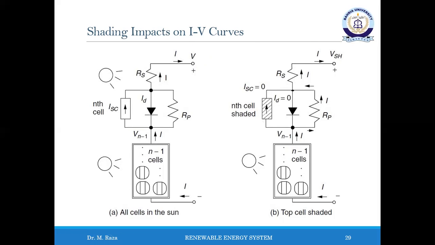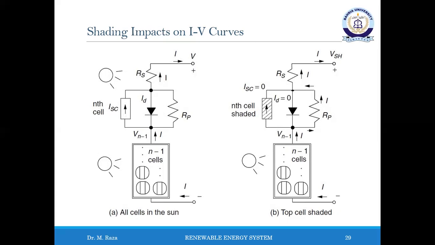The equivalent circuit of the top cell has been drawn in detail as discussed previously, while the other n-1 cells in the string are shown as just a module with current I and output voltage V n-1. In figure A, all of the cells are in the sun, and since they are in series, the same current I flows through each of them.